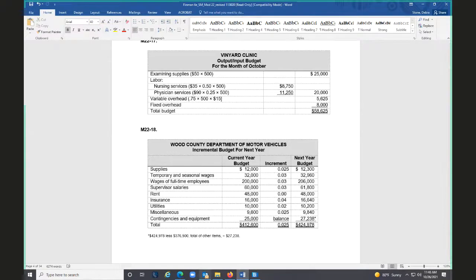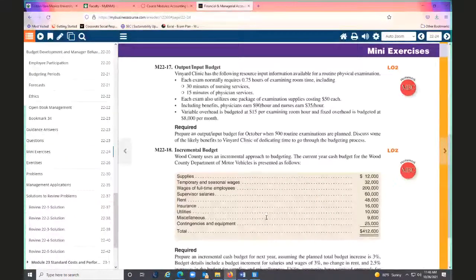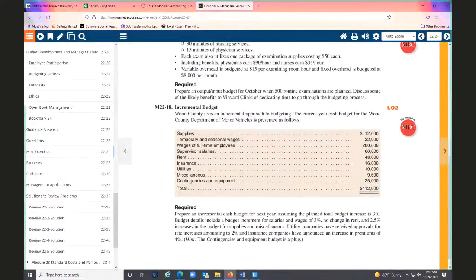The next problem we're going to look at is this incremental budgeting, and here it says Wood County uses an incremental approach, and the current year cash budget for Wood is as follows, and it gives you all the different expenses. And then it asks you to prepare one, and it says that we're going to increase by 3%, and budget details include a budgeting increment for salaries of 3%, no change in rent, 2.5% increases in the budget for supplies.